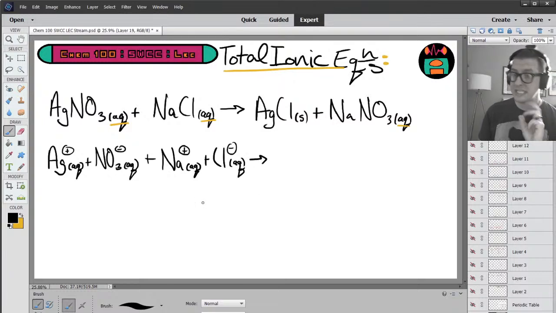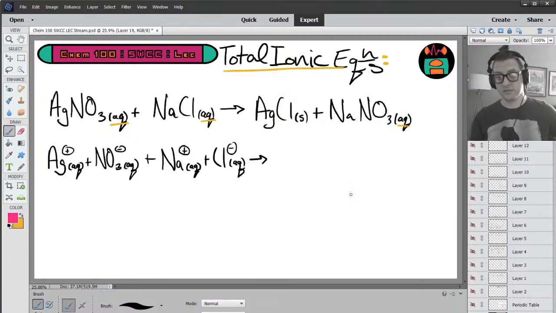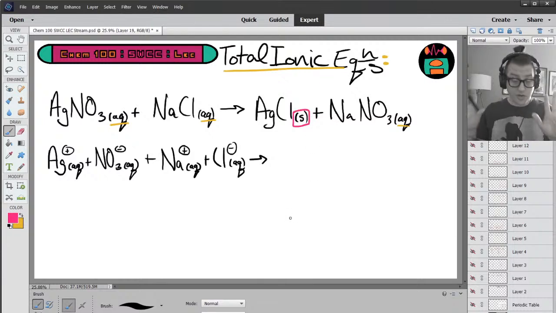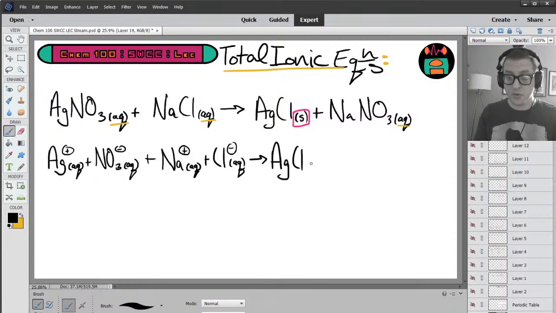This produces, now, here's the thing. Whenever you're in total ionic equation writing mode, it's very easy to just mindlessly split up every ionic compound you see. But when you have something in the solid state, that means that they are not in solution. They're not soluble. They're associated. So if you have a solid compound in your chemical equation, you have to keep those two together.